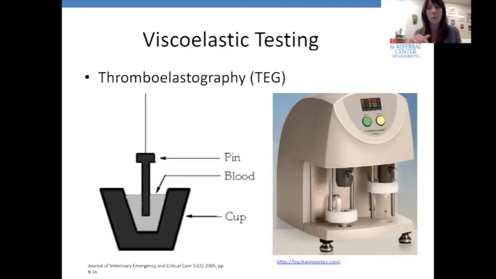So as the clot forms and the pin is moving, it then, through some physics engineering thing, evaluates the torque, and that creates the graph. So essentially it's evaluating all properties of blood clot development: how strong the clot is, how rapidly it forms, based on physics and biology, which blows my mind, right? I hope that answers the question.